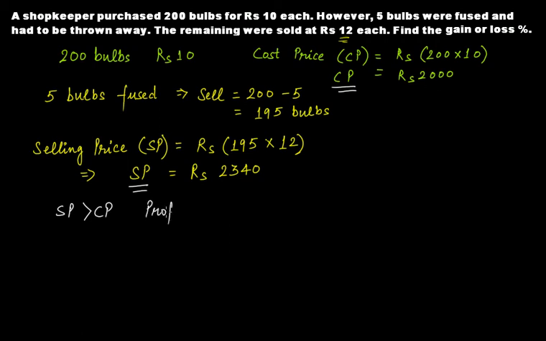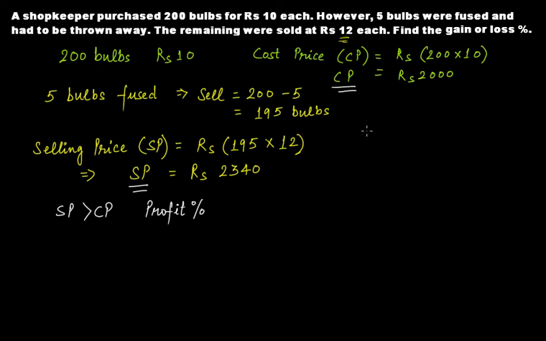You are making profit, but you have to calculate the profit percentage, right? Now we know that the profit percentage or loss percentage is always calculated on the cost price.